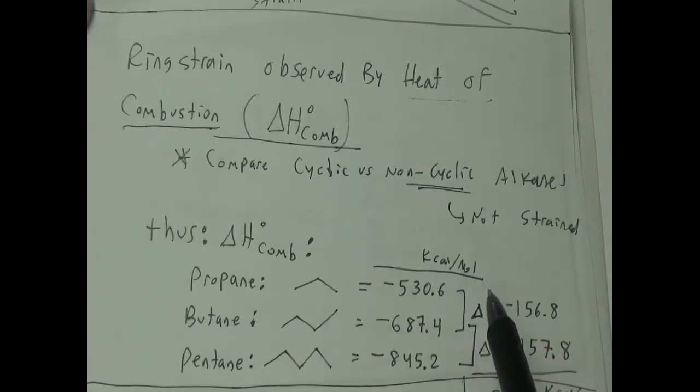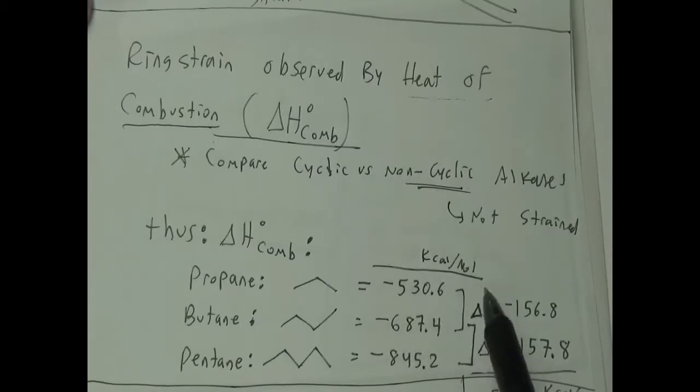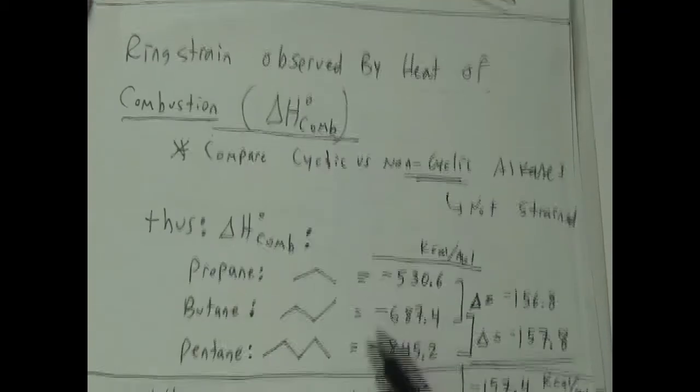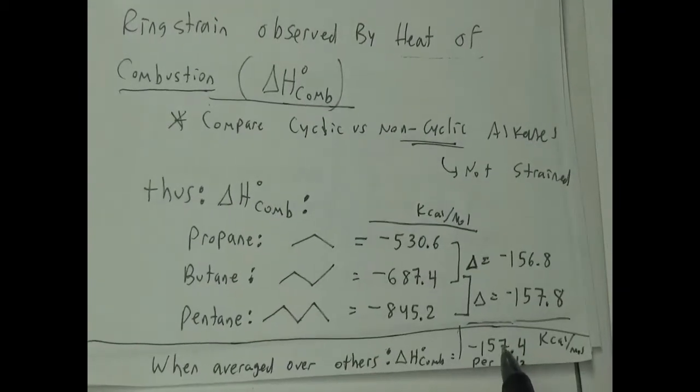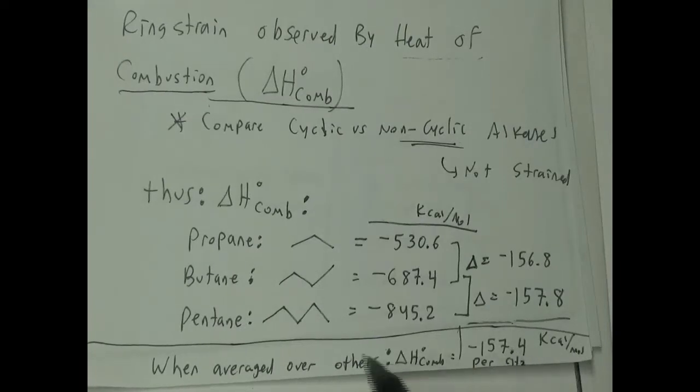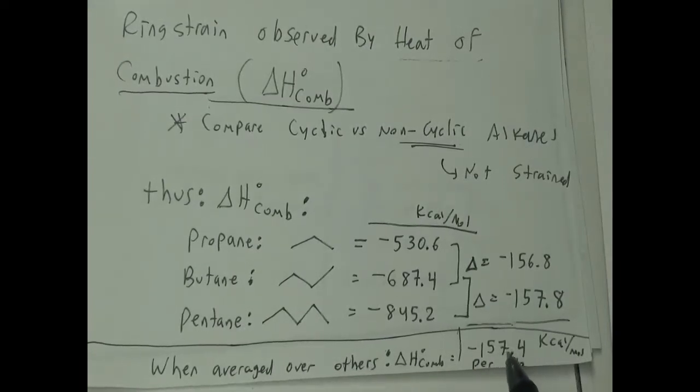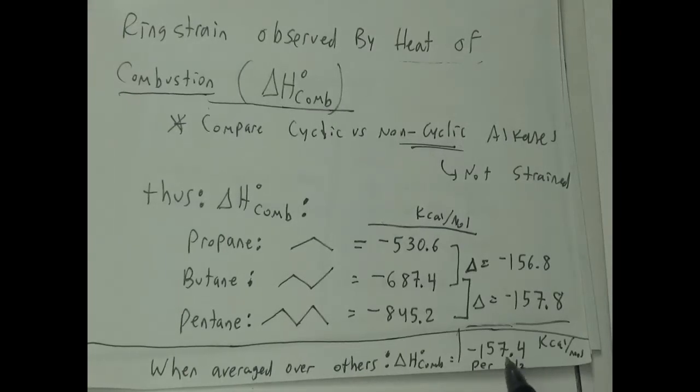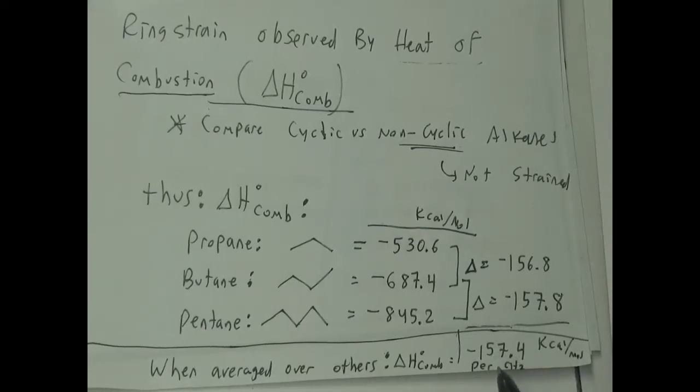If you do this over a series of alkanes, maybe up to 10 carbons or longer, the average is 157.4. So what this number tells you is that you have roughly 157.4 kilocalories per mole per CH2. It says per CH2 down there.